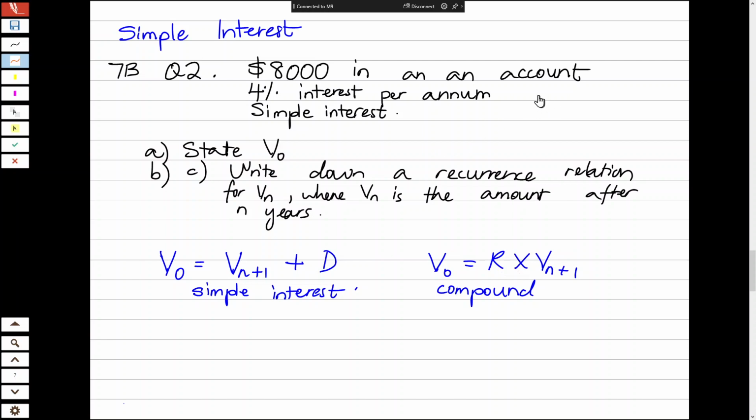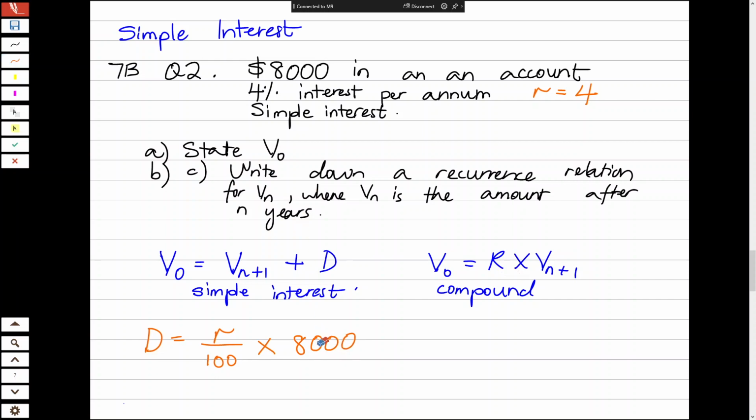So I'm going to give you a formula, okay? If your interest rate is R, so here I'm going to define R equals 4, because it's 4% per year. So the amount that you add each year when using simple interest is R% of the amount in the account at the beginning.